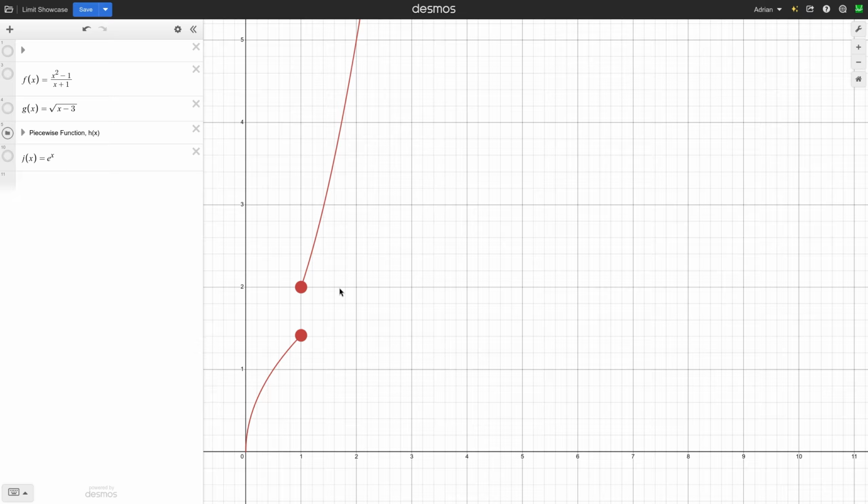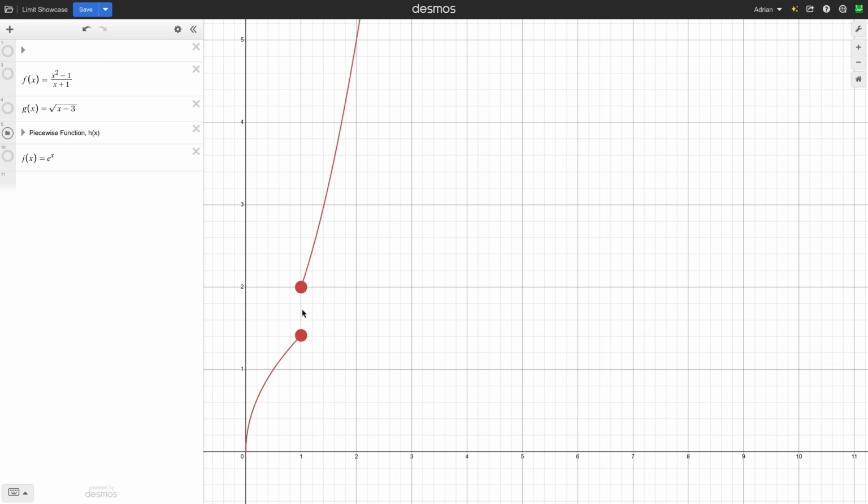So let's see how we can write this mathematically as well. All right, so for this guy, this is h of x we're dealing with. Let's do the left one first.